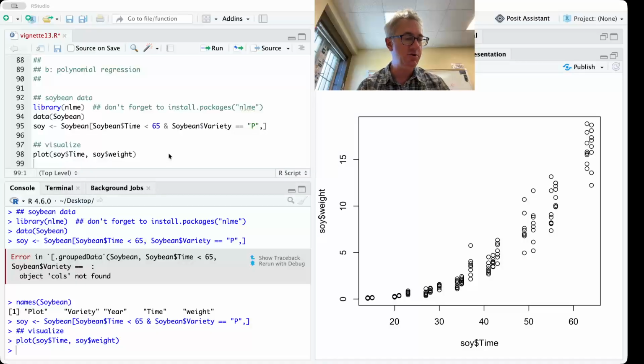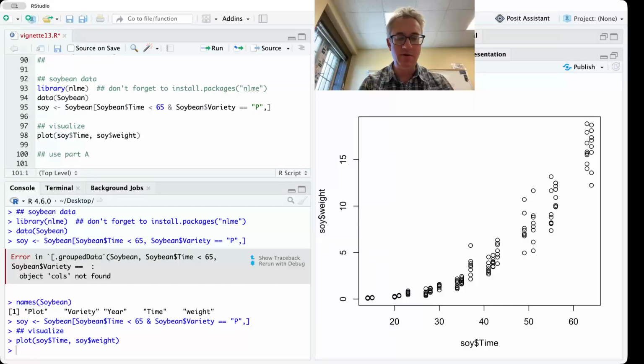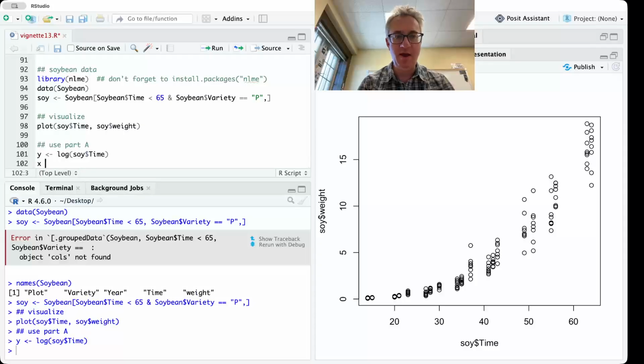So I'm only going to transform one of the two variables. I'm going to use what we did in part A, and I'm going to take for my y the log of soy time, and then as my x is going to be soy weight.